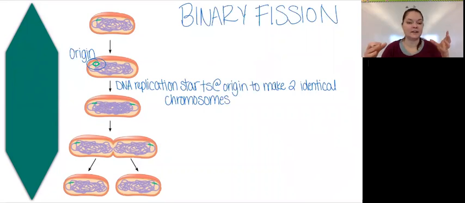So we take that genetic information, photocopy it via DNA replication, and by the end of that process, the one single cell will now have two sets of genetic information.